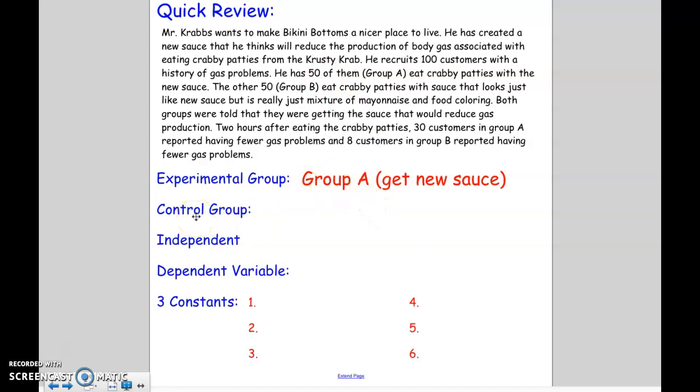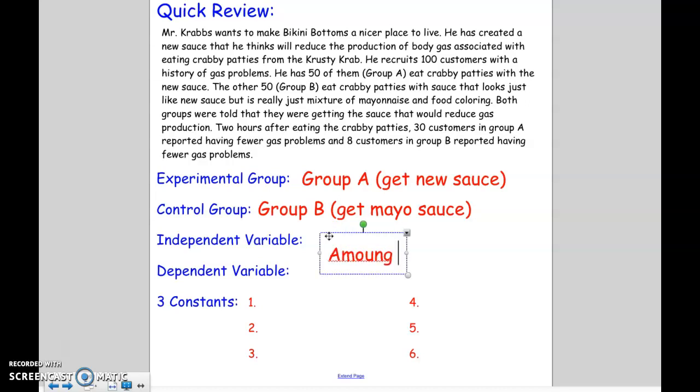The control group is the one that's not being experimented on. So in this case, they're technically being experimented on, but are they getting the treatment, which is the sauce? No, that's Group B. The independent variable, who's getting what, is going to be the amount of special sauce, because one group is getting the special sauce and the other group is not getting the special sauce.